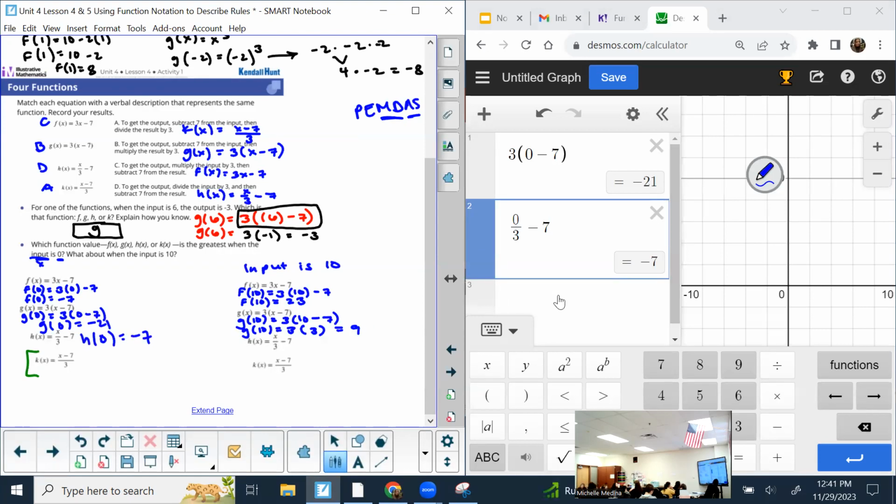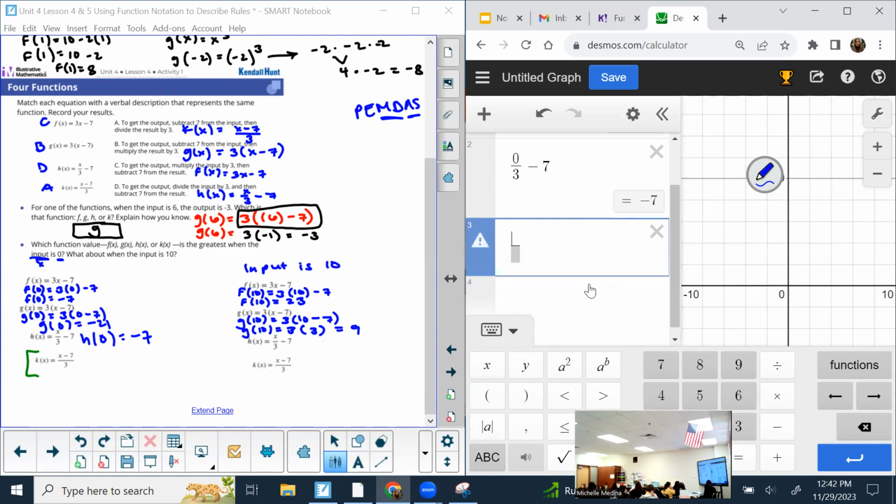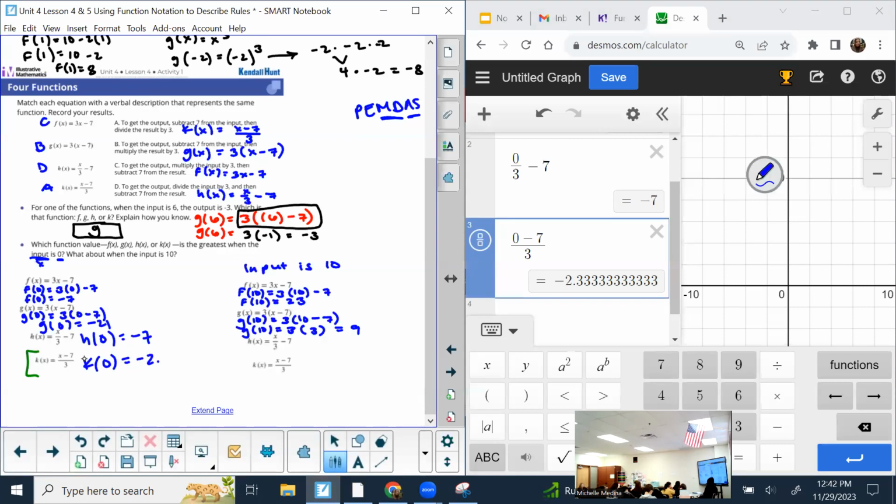Now k of x. Question so far, are we good? So that one's also in like a fraction form. I'm going to press a slash. On the top of my fraction, it's going to be 0 minus 7. And denominator's 3. And that's about -2.3 repeating. So k of 0 is -2.3 repeating.